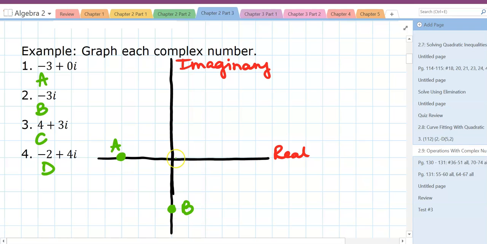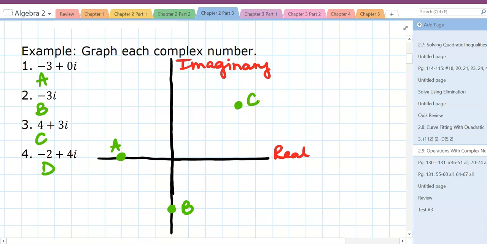So can you guys tell me what directions do you think I should go for number 3? 4 plus 3i. Right, 4. And then 3i, it's positive, so we should go which way? Up, 1, 2, 3.